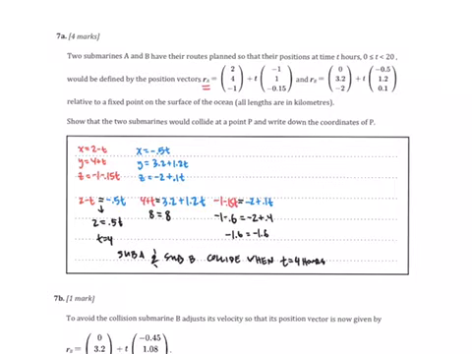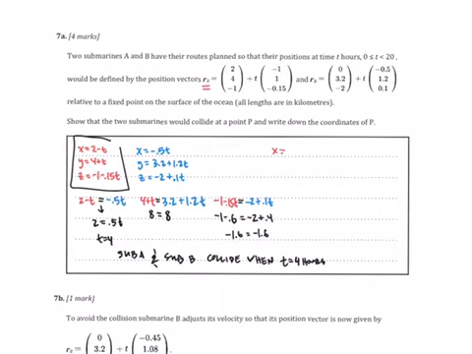So all I would do is pick either submarine A's components or submarine B's. I'll take A's. It looks like some easier math for the most part. If I plug in a 4 for t, actually I think I already have all this information. Yes, I do. Look at this. This is great.